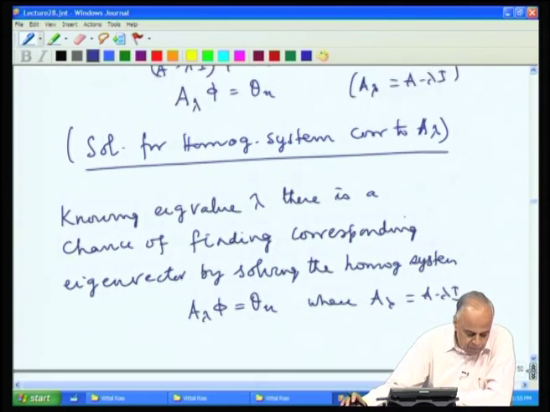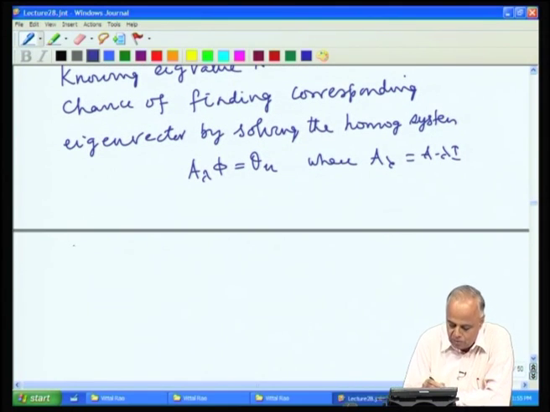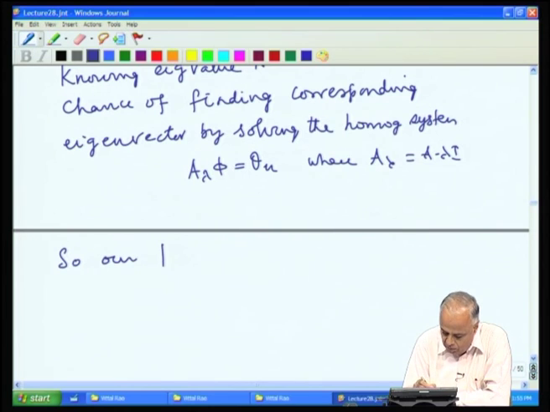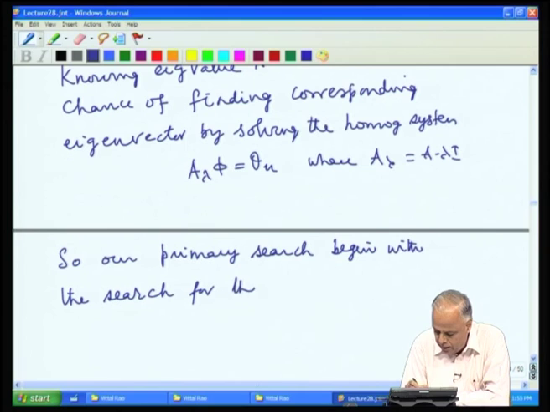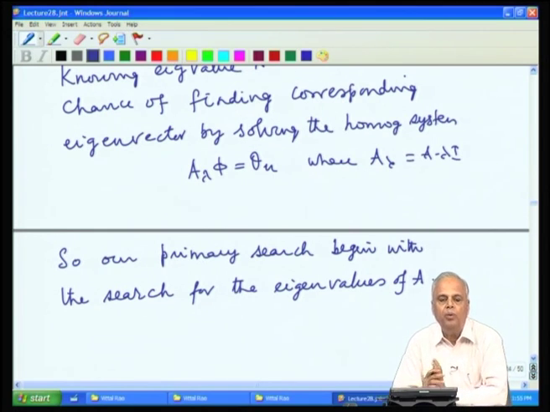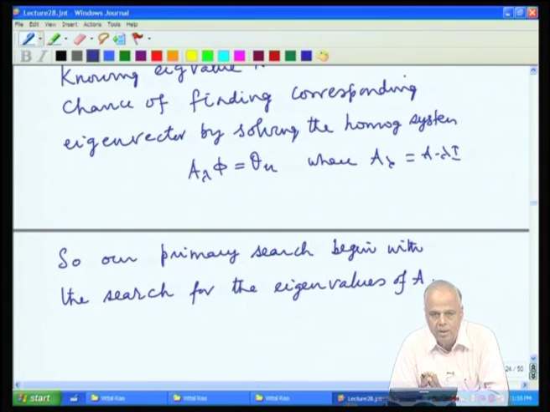So, therefore, our primary search should be for the eigenvalues. So, our primary search begins with the search for the eigenvalues of A. Therefore, our next study will be, given a matrix A, where do I look for eigenvalues?